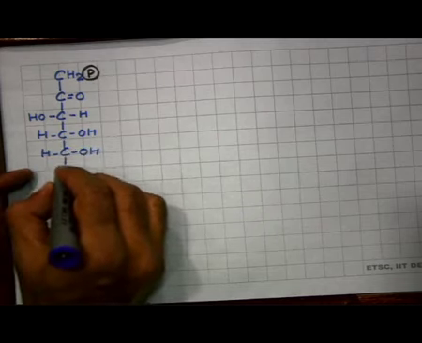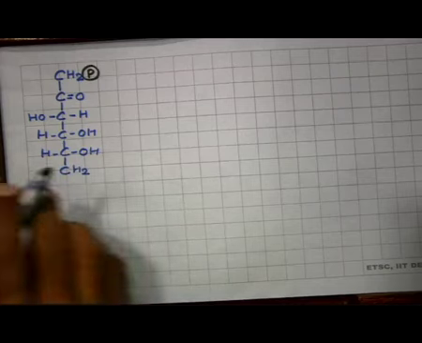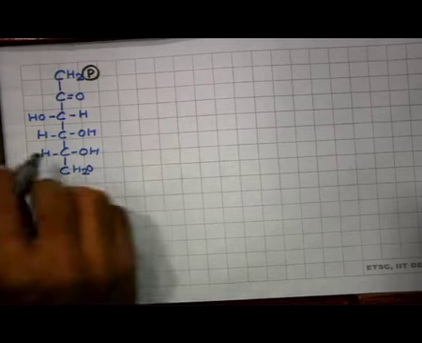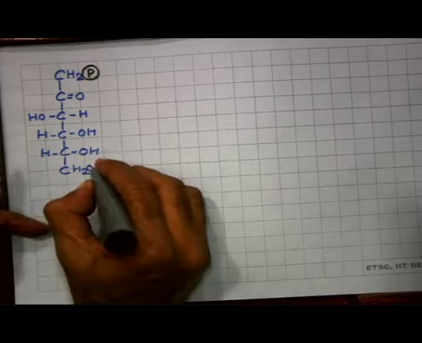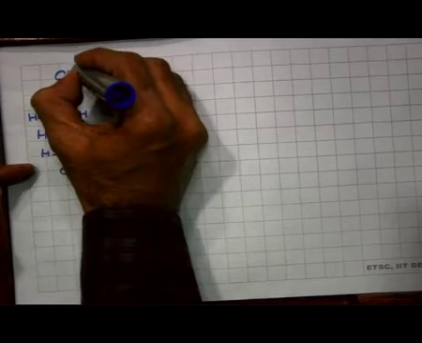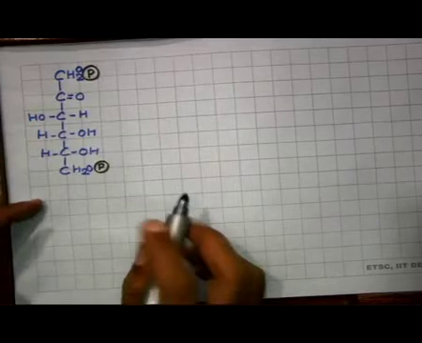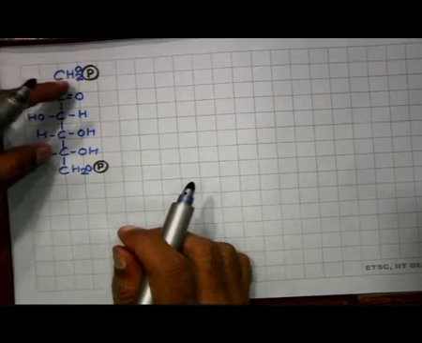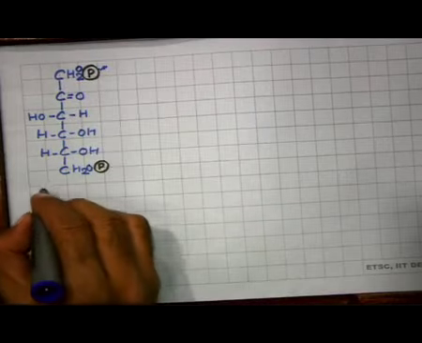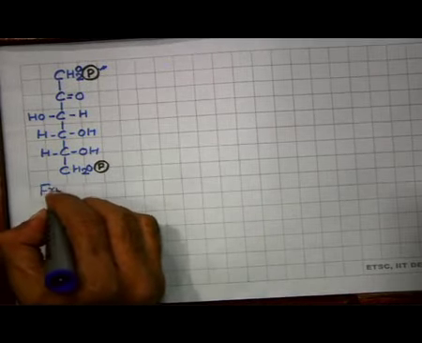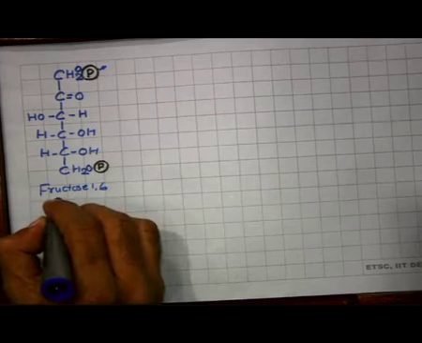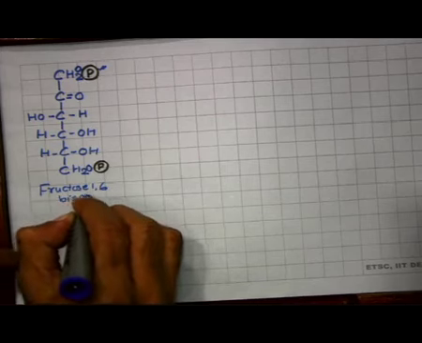Fifth is the same and sixth one, here, sorry, here also oxygen is there, because in fructose there is CH2OH, instead of H phosphate is there. So, this is fructose 1,6 bisphosphate.